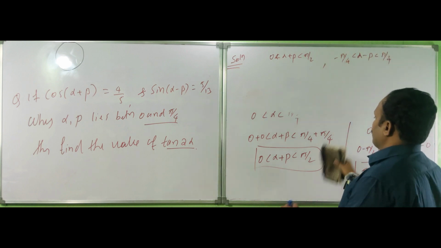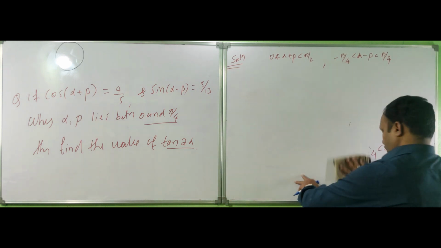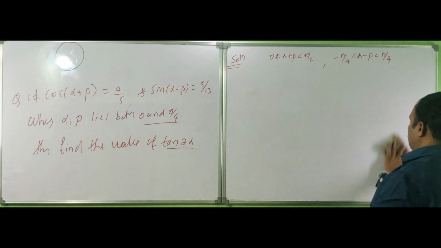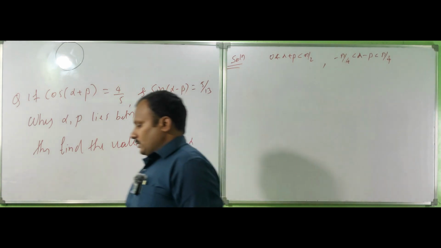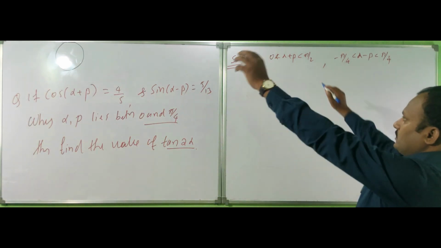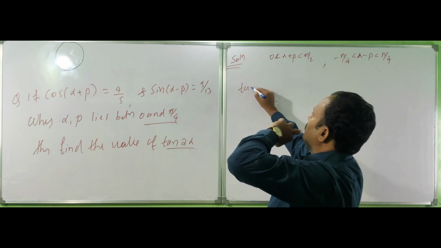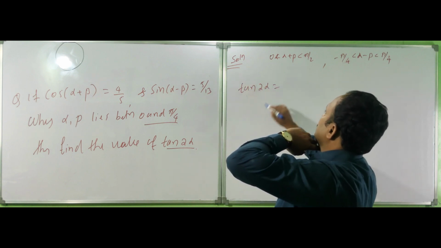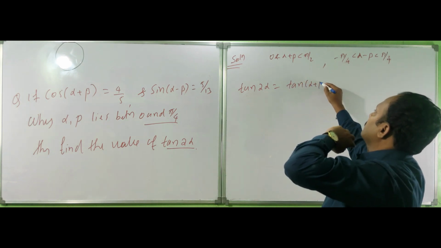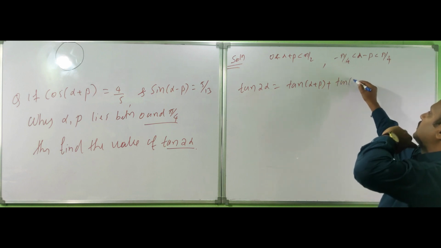For tan 2 alpha, I need tan of alpha plus beta and tan of alpha minus beta.